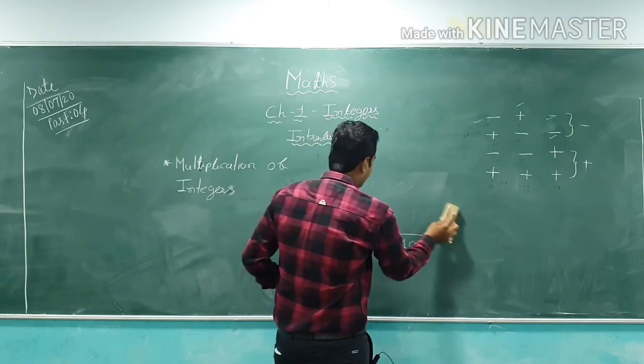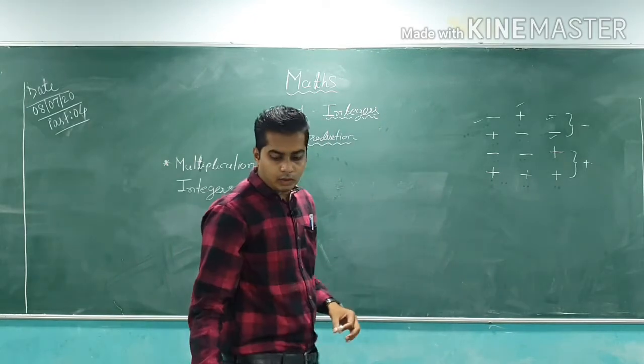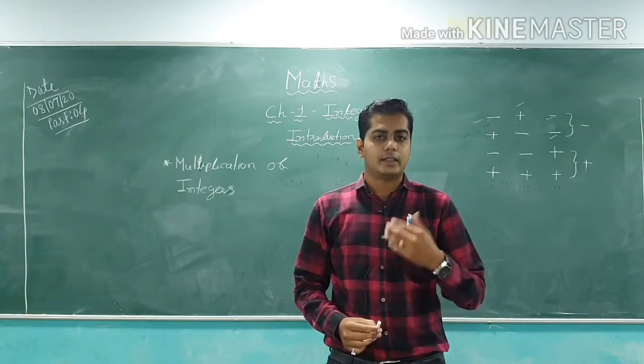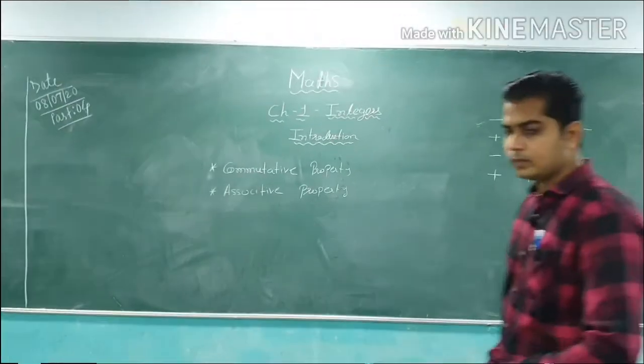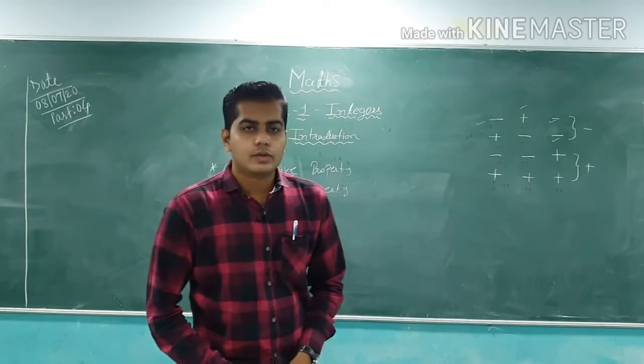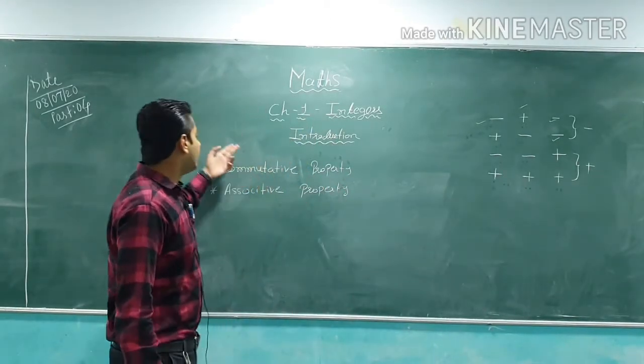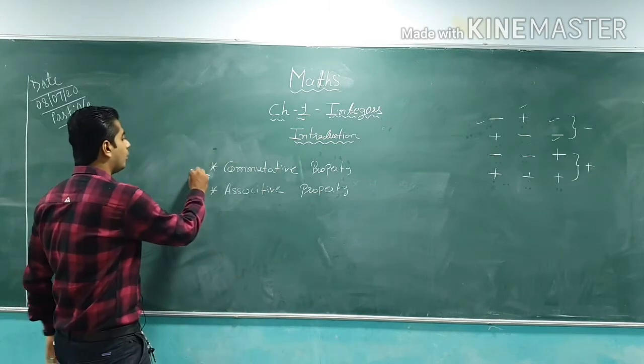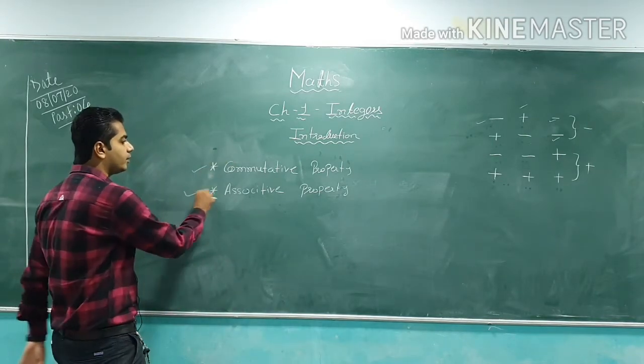Now there are some rules, or properties, for multiplication. So we will see those properties. Okay, so let's move on to the next term, which is properties of multiplication. The first property is the commutative property and the second one is the associative property.